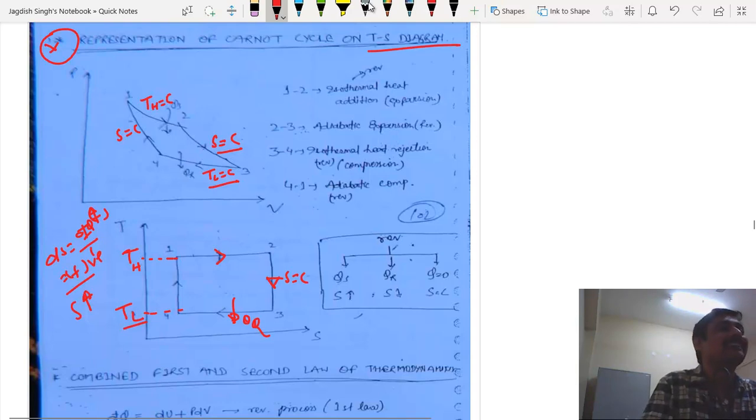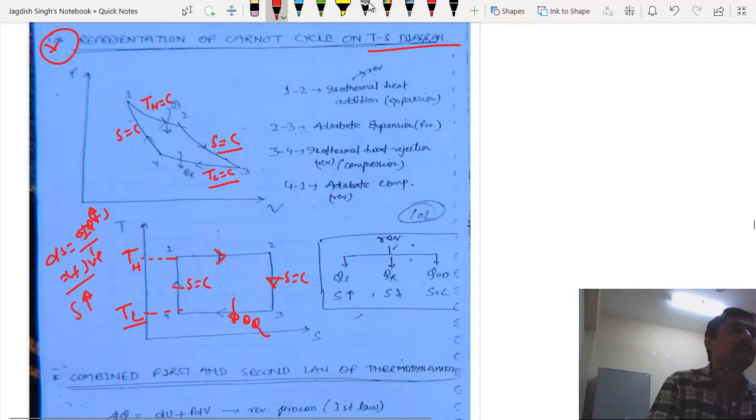Therefore this direction will be from right to left. Okay, and 4 to 1 is isentropic compression. Whenever air is compressed, the temperature will increase. Therefore this direction will be upward.